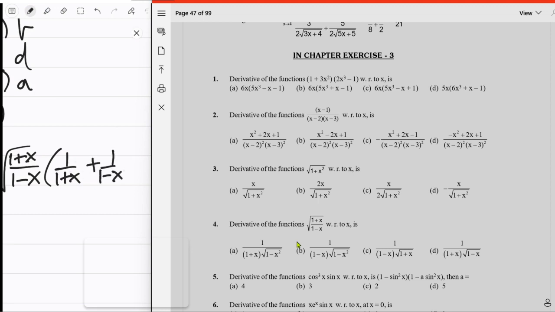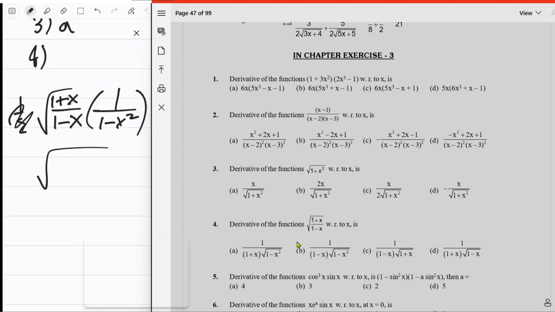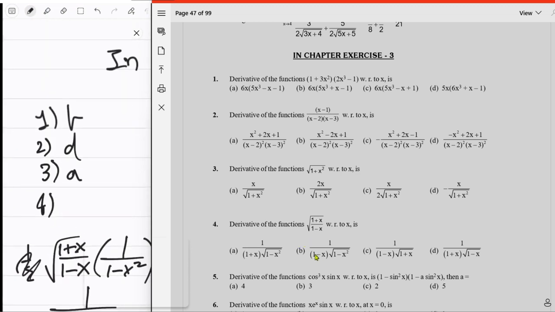Doing it, you just get 2 upon 1 minus x squared, right? So this will just be this thing, minus x squared, and one of them cancels. So just 1 upon 1 minus x, and then you have square root of 1 minus x squared, right? Sure, which is, I think, B. Next question.